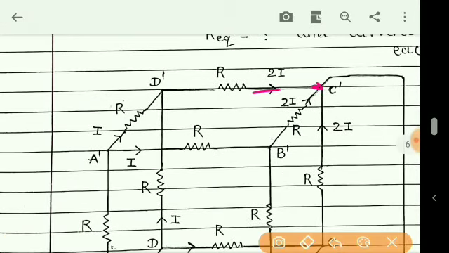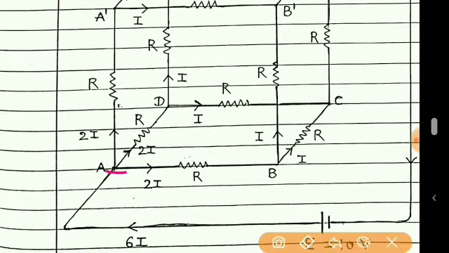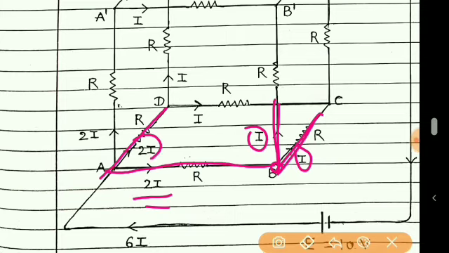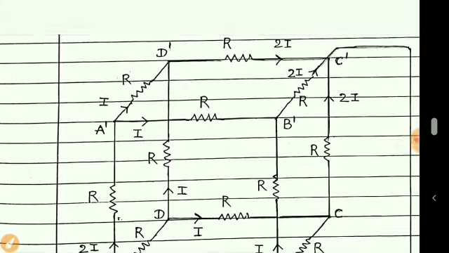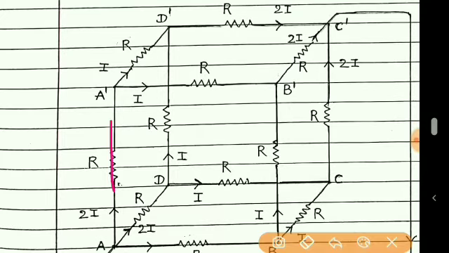Now further, this current moves here, and again at point B it divides into equal halves. So here it is 2I, so here it will be I and I. Similarly in this direction, here it is 2I, here it will be I and I. Again this current 2I, from this point it divides into I and I. Why is it divided equally?